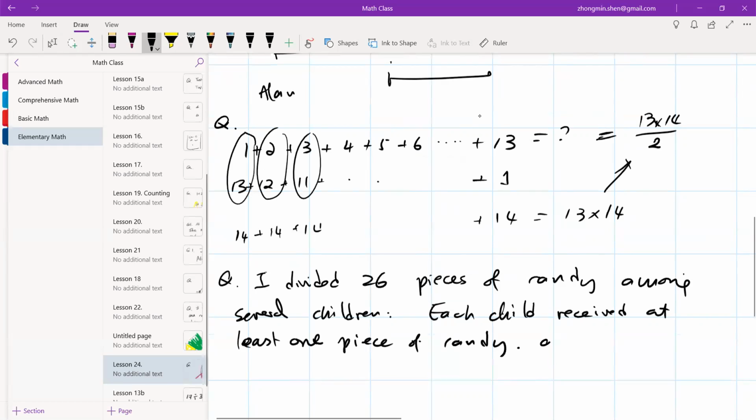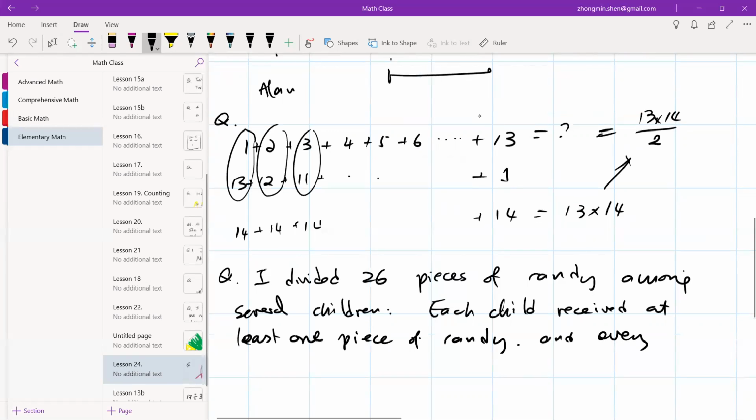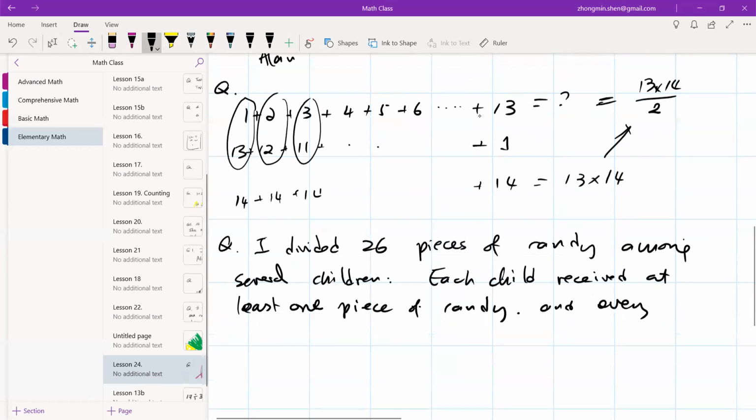And another condition is everyone received a different number of pieces of candy. So the question is, what is the greatest possible number of children that receive the candy?